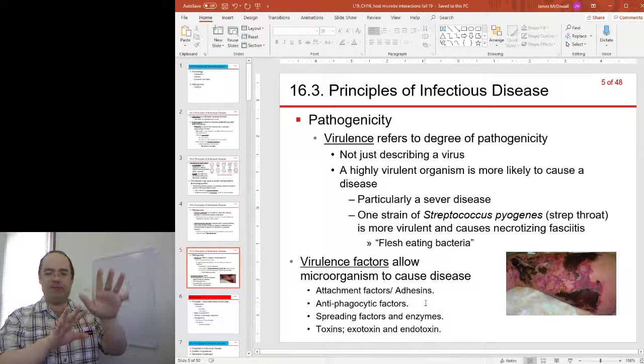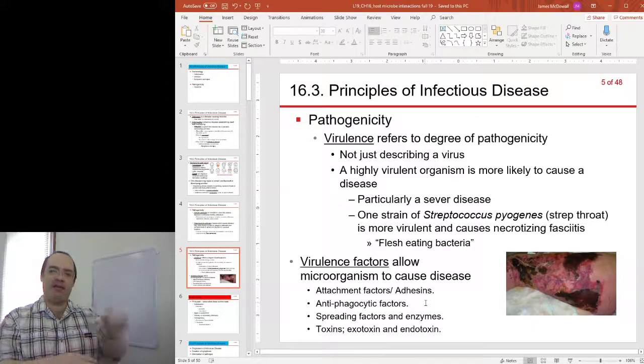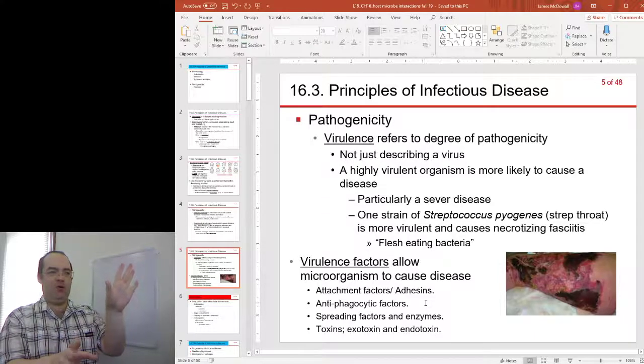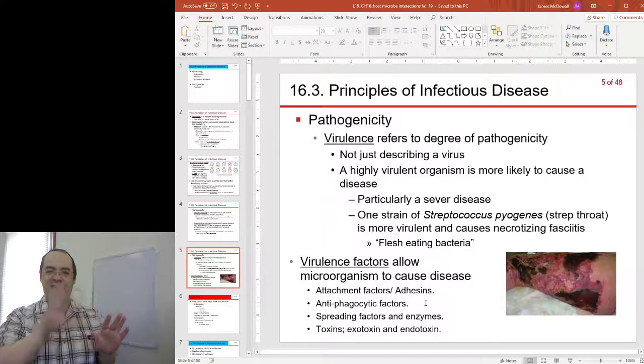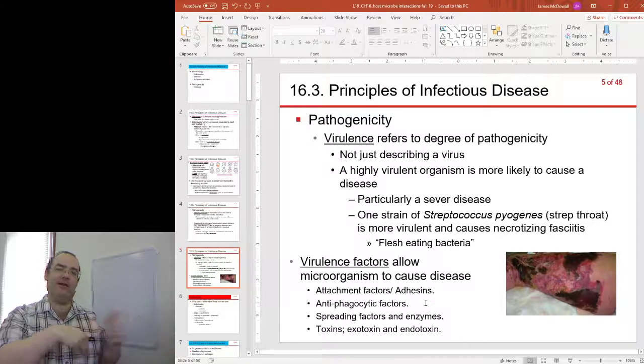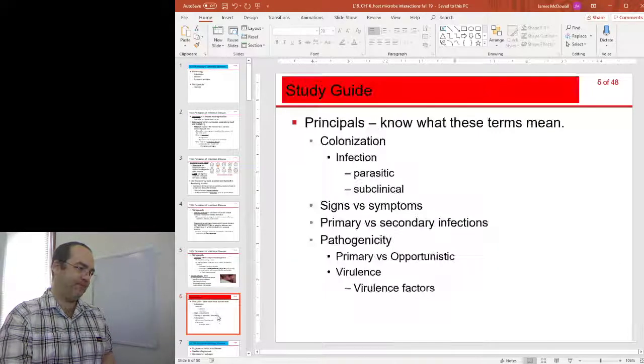They may not be linked. You can have a bacteria that's very good at sticking to cells but doesn't make a toxin, or you can have a bacteria that's good at evading the immune system and makes a toxin, but it's not particularly good at sticking to the organism.